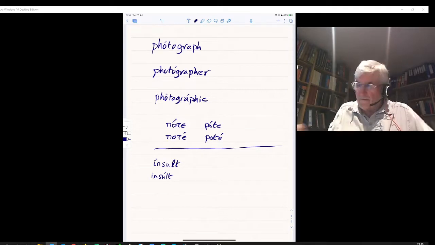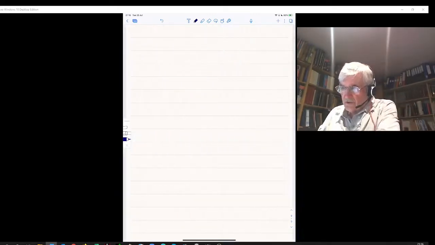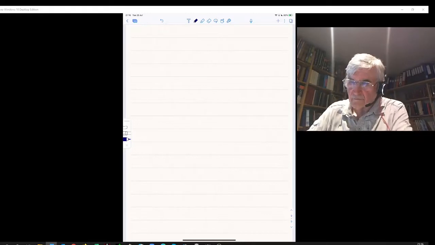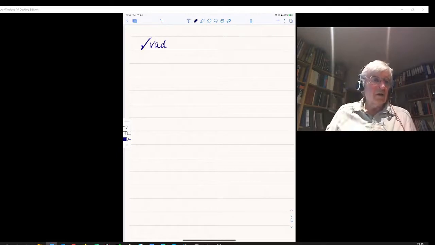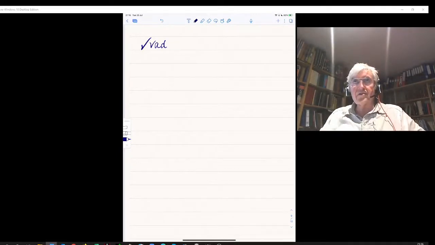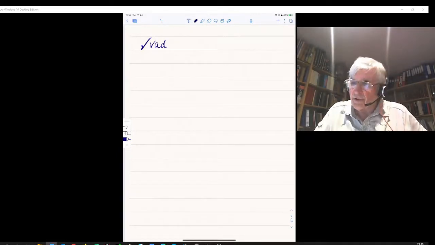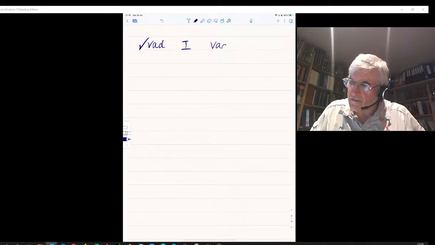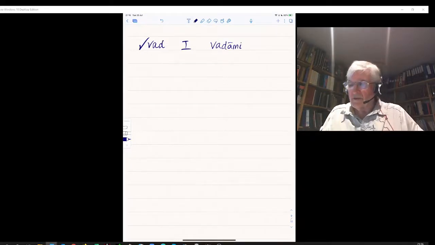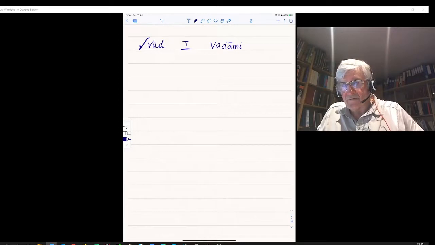Now the root vad, go to the next page, root vad, meaning to say. So it is a first class verb that belongs to class 1, we write in Roman. So that means that I say, you already know now how to say I say vadami. And he, she, it says vadati.